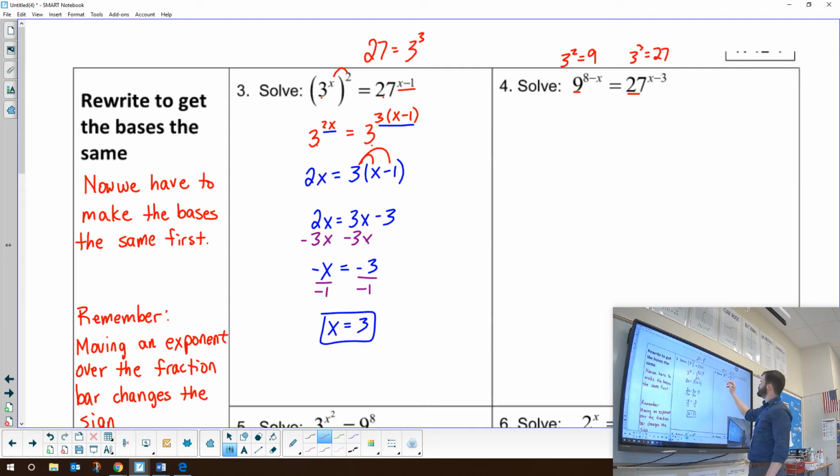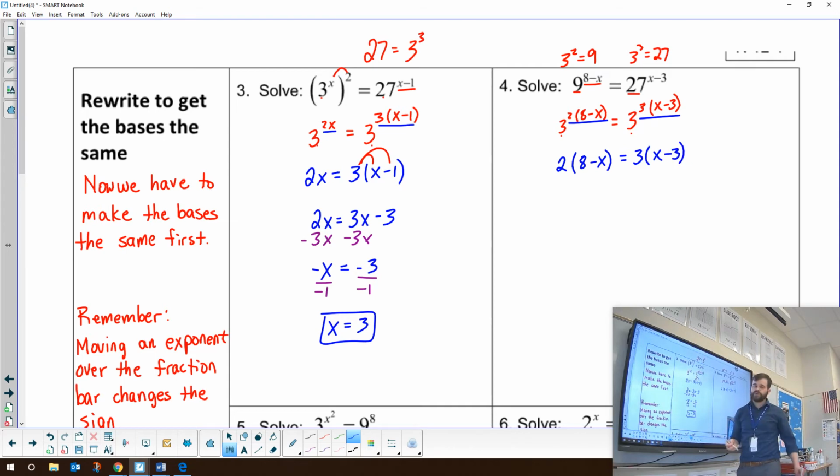So I can change this 9 into a 3 squared, but we can't forget about that 8 minus x. And 27 can change to 3 to the third, but we can't forget about this x minus 3. So now, if we have the same base, we can take our two exponents and set them equal to each other. So I can go 2 times 8 minus x equals 3 times x minus 3.